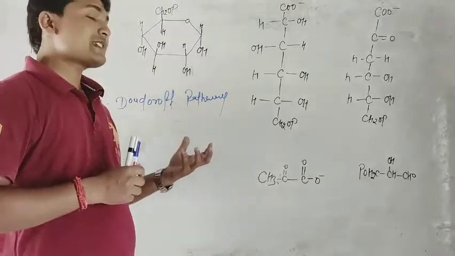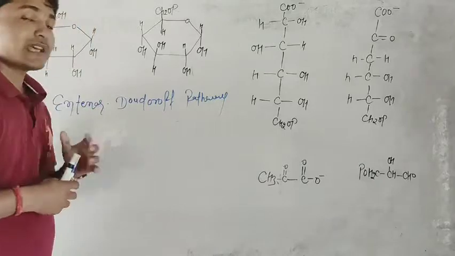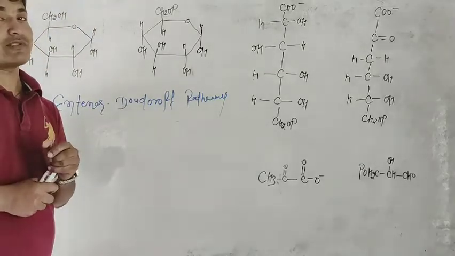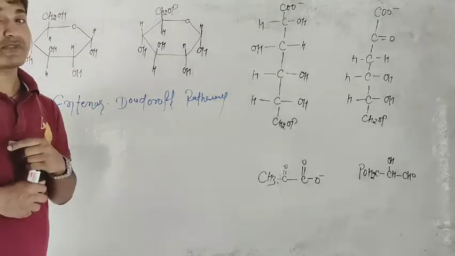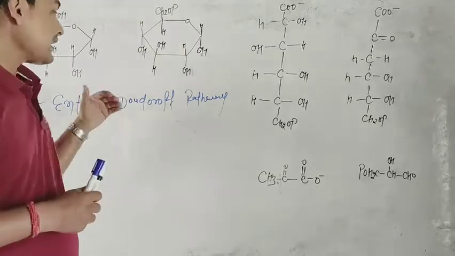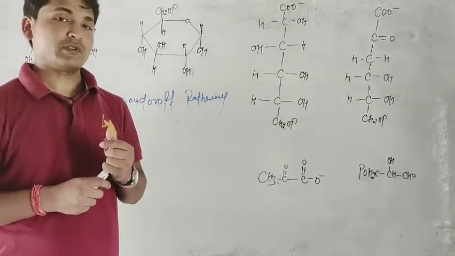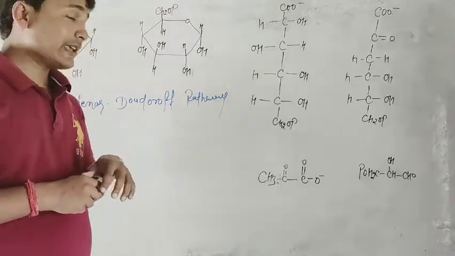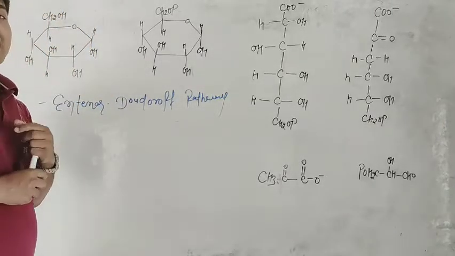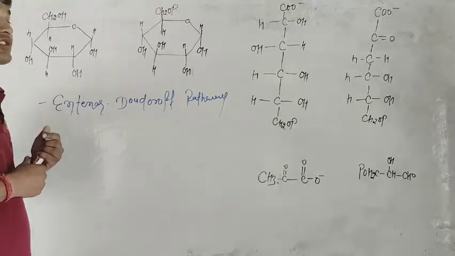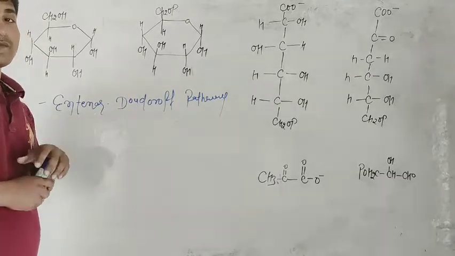So the first thing is that glycolysis occurs in the cytosol of all types of cells, but the Entner-Doudoroff pathway occurs only in prokaryotic organisms. The second thing is that glycolysis is a long pathway.